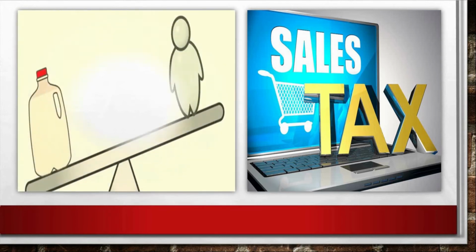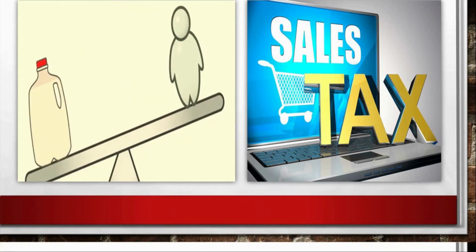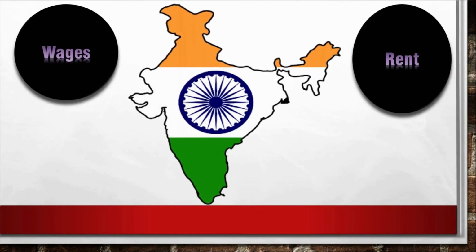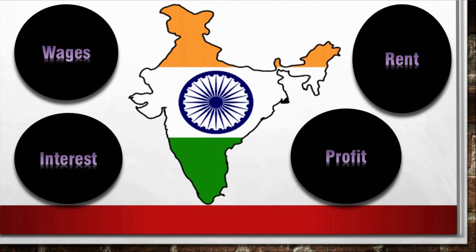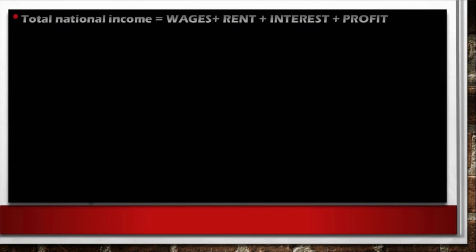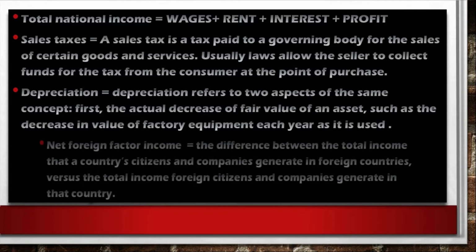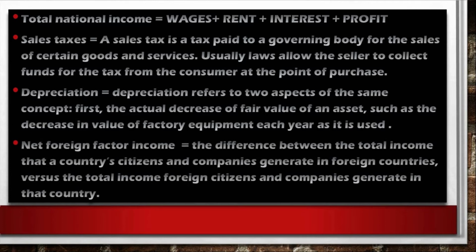The total national income is the sum of all wages, rents, interest, and profit. Depreciation is the cost allocated to a tangible asset. And the other thing is net foreign income, which means the difference between the total income that a country's citizens and companies generate in foreign countries versus the total income foreign citizens and companies generate in that country.